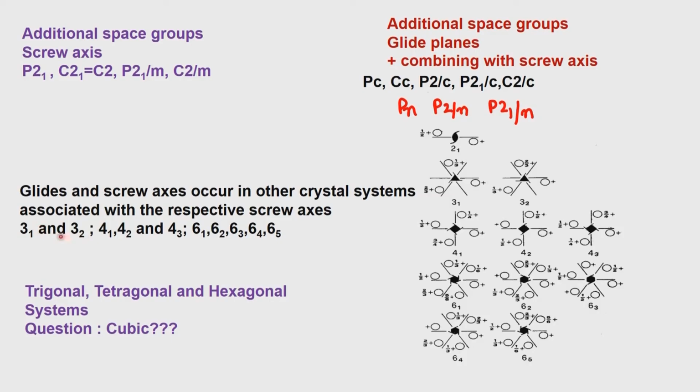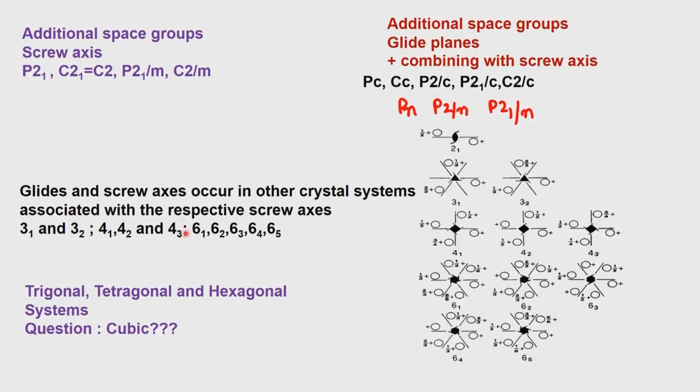Now, the screw is, let us say, 3-fold geometry, then we can have one turn which gives you 1/3, second turn will give you 2/3, the third turn will give you the full turn. Similarly, the 4-1, 4-2, 4-3 and 6-1, 6-2, 6-3, 6-4, 6-5. So, all these possible rotations can be located.